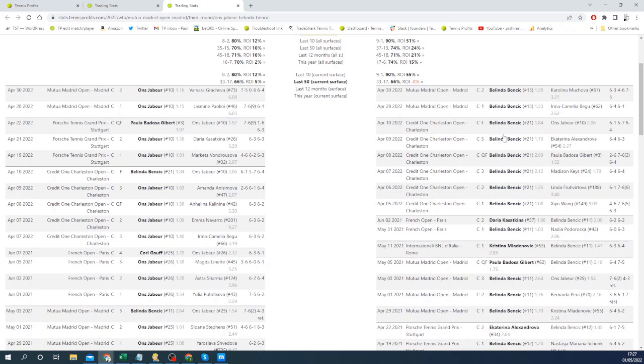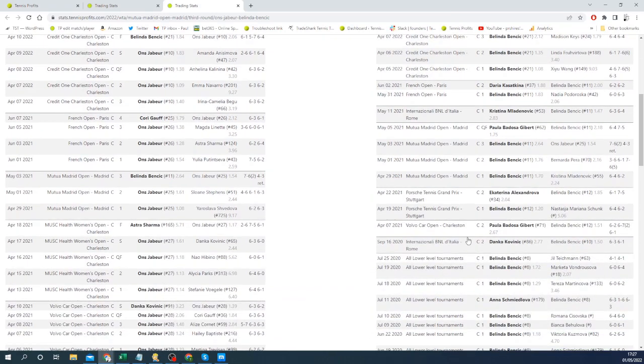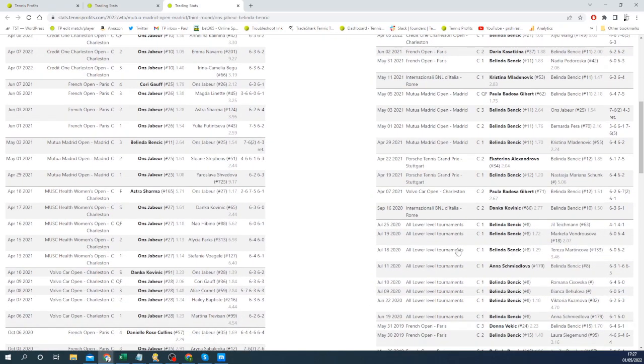So there she won the title in Charleston, second round in the French Open, quarter-final in Madrid last year. Where it says lower level tournaments, those were the exhibition ones during the COVID lockdown.